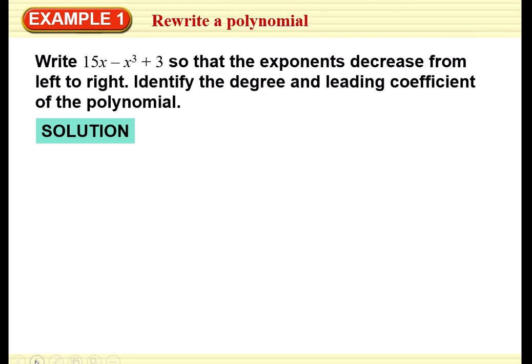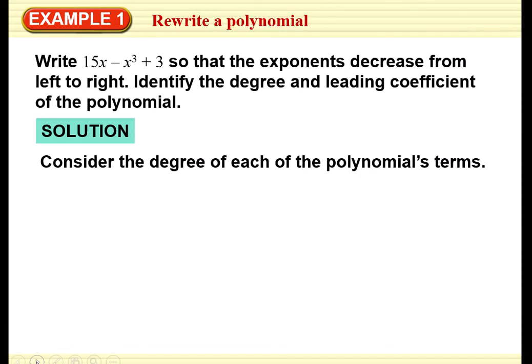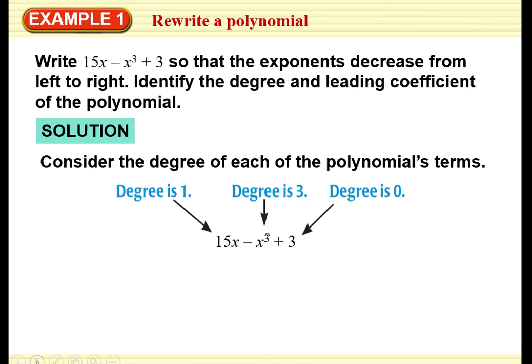So the solution: consider the degree of each of the polynomial's terms. The 15x is degree 1, since there is a 1 as the exponent. Then you've got minus x cubed, whose degree is 3, and the constant is always going to be degree 0.